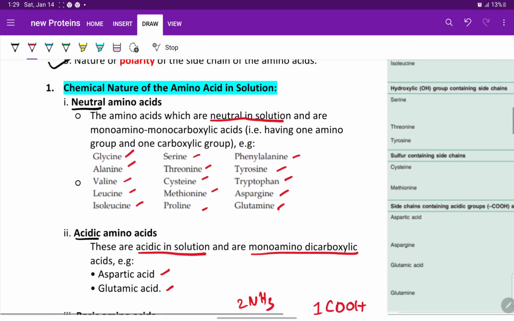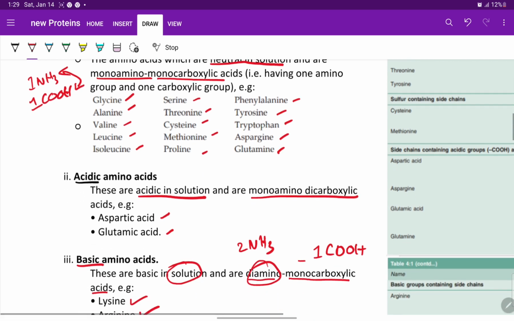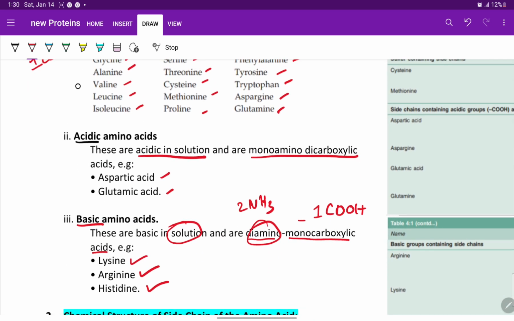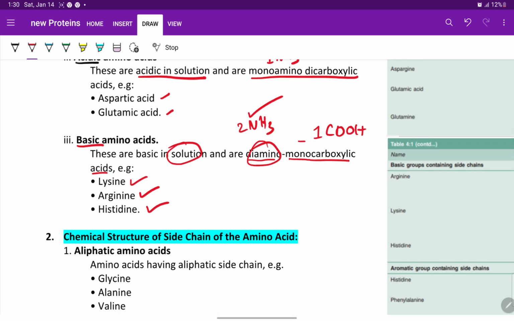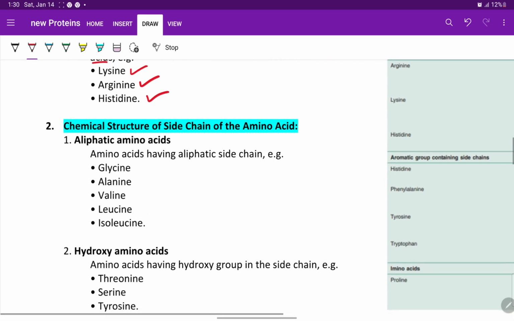Whereas here you can see a single amine and a single carboxylic group, so these two cancel each other and form neutral. Where a single amine group and two carboxylic groups, the carboxylic dominates, so it forms acidic. Here the amine dominates, so it forms basic amino acids.